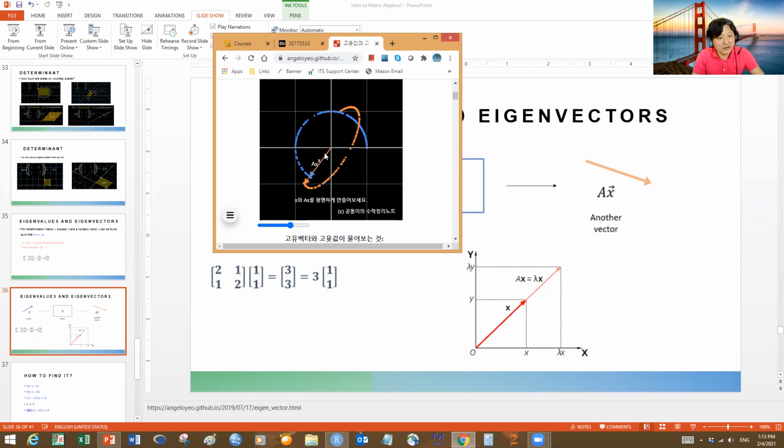So A times x is equal to some constant times x, and that constant is called lambda, and that is the eigenvalue. And again here, another eigenvalue and another eigenvector.